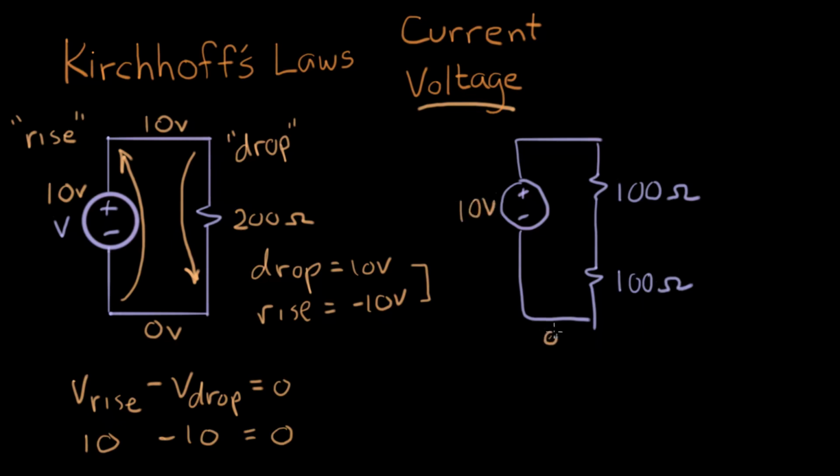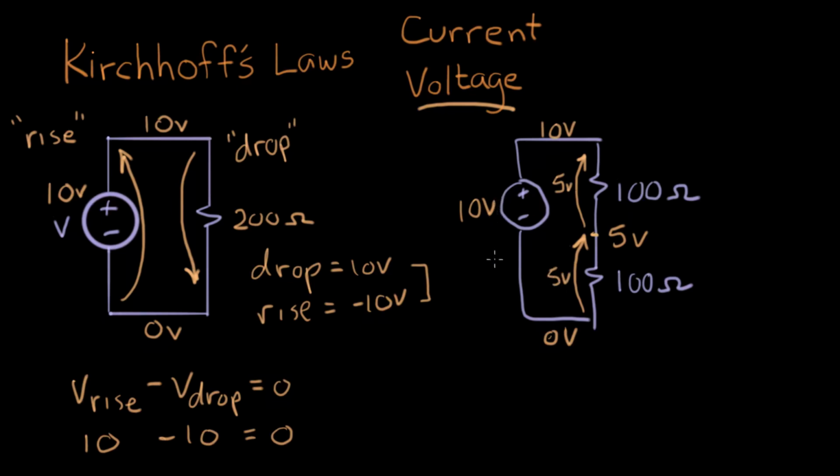So this node is at 0 volts. This node is at 10 volts. What's this node here? These are equal resistors, so this is going to be at 5 volts. That's this node voltage here with respect to here. So that is 5 volts. This is 5 volts. And this is 10 volts.